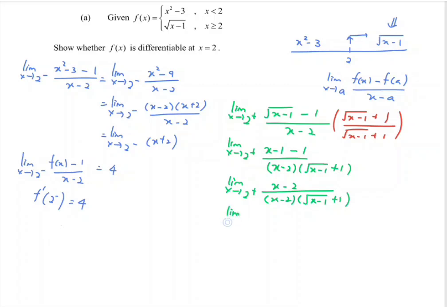Simplify, and we will have 1 over the square root of x minus 1 plus 1. If we substitute the value 2, we will have the value approaching 1 over 2. Or we can say f prime of 2 from the right is 1 over 2.